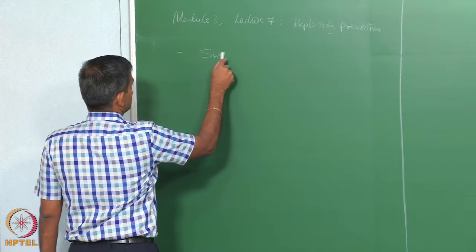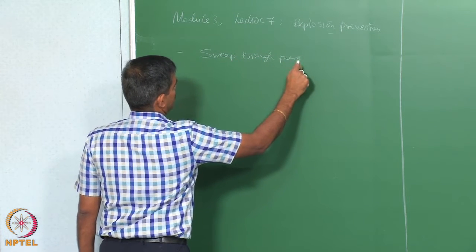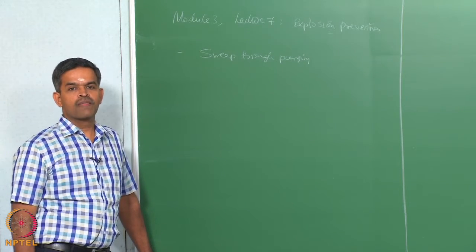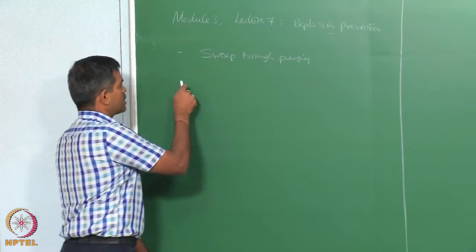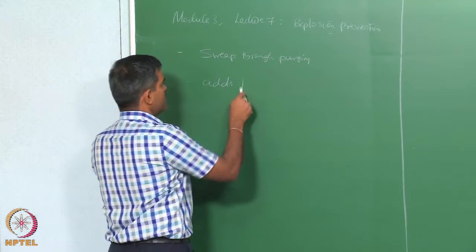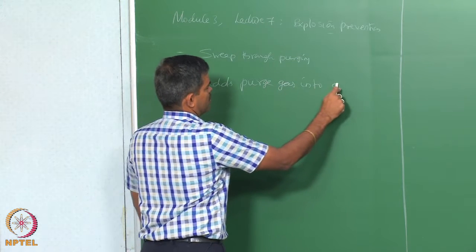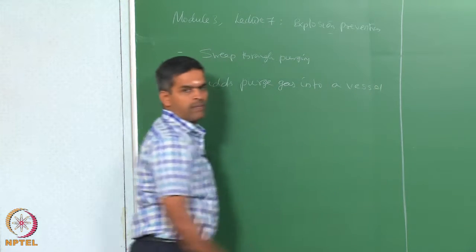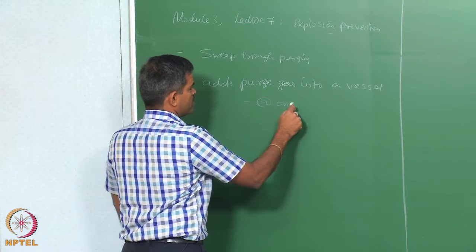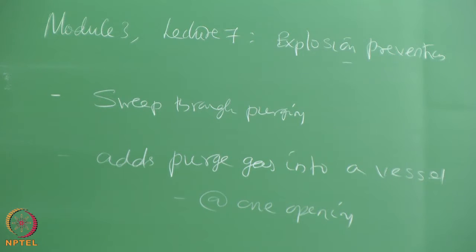So, we said that sweep through purging is also another method by which I can do fire and explosion prevention. This purging process adds purge gas into a vessel at one opening, and withdraws the mixed gas at the other end.